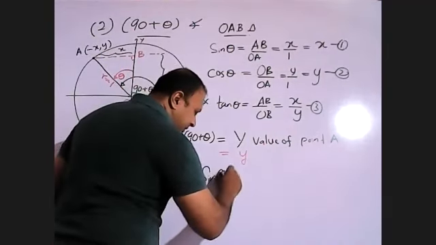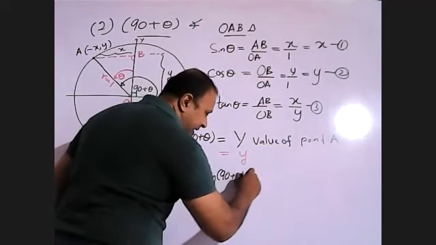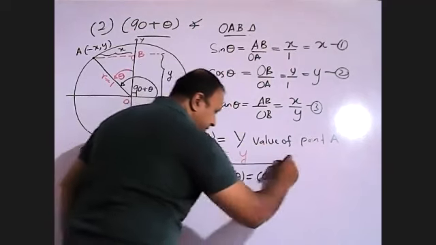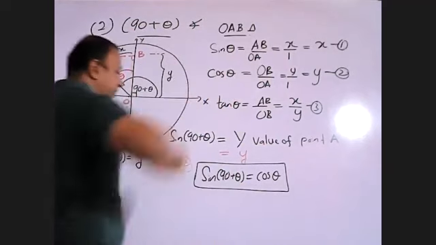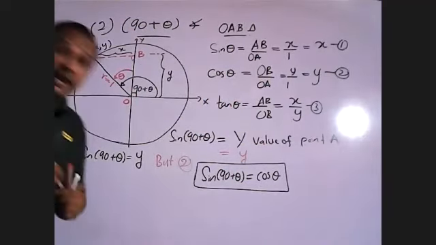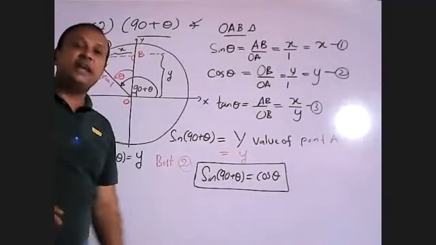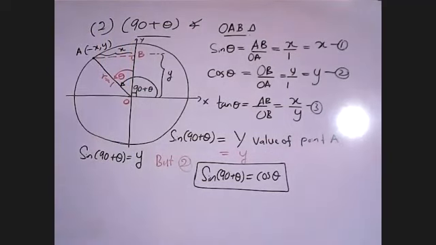Therefore, sin 90 plus theta is equal to cos theta. Very important relationship: sin 90 plus theta is equal to cos theta. Sin has changed to cos.